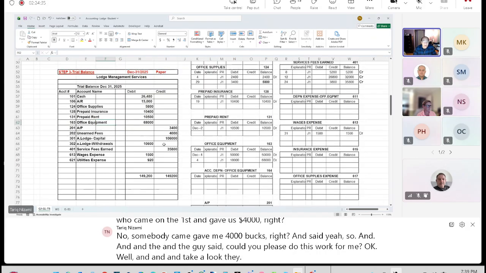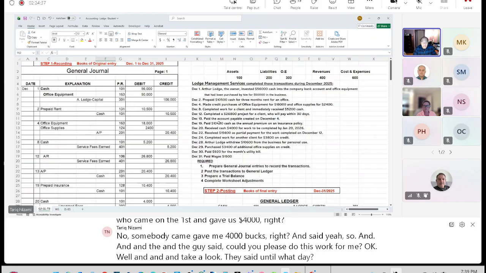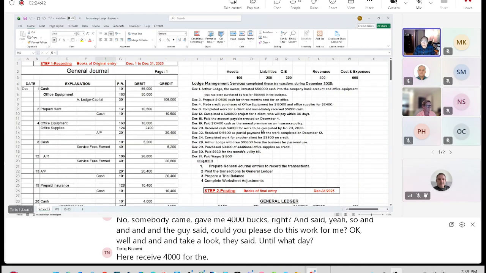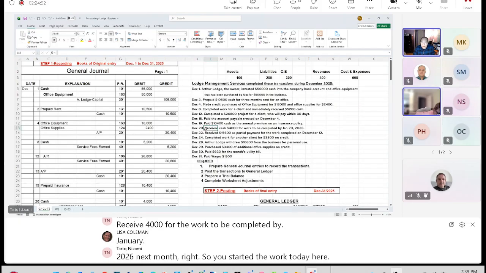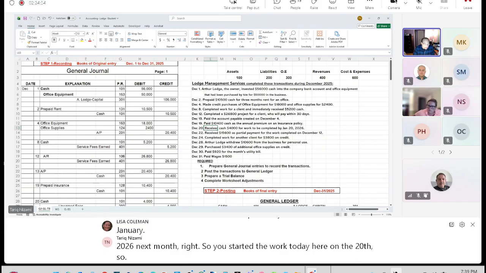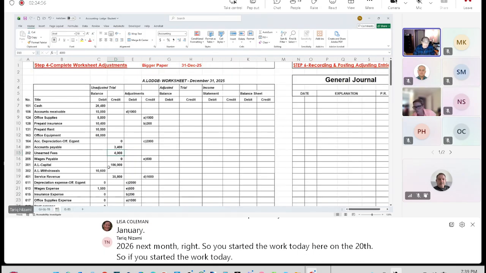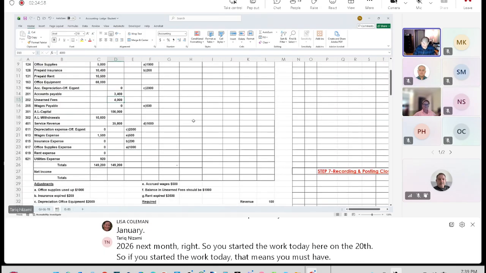They said until what day? Here, received 4,000 for the work to be completed by January 2026, next month, right? So you started the work today, here on the 20th.